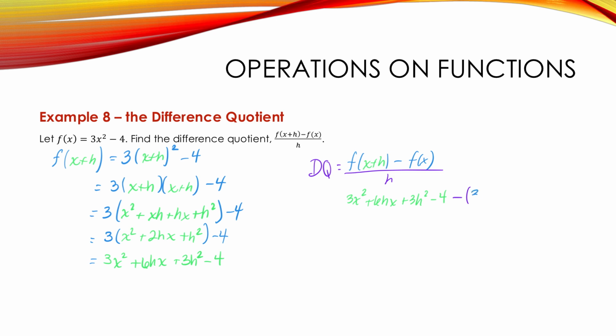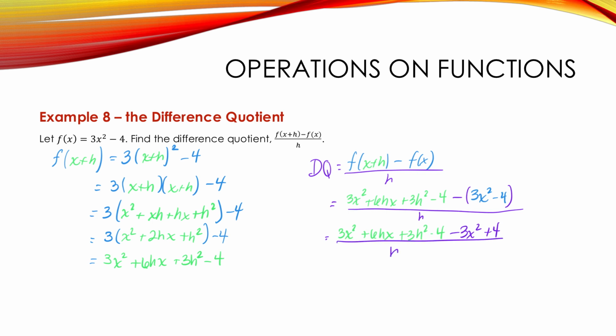So we're subtracting off the 3x squared and the minus 4, so we really have to put it in parentheses here. Then we'll divide everything by h. If we simplify a little further, we have 3x squared plus 6hx plus 3h squared minus 4, and then minus 3x squared and plus 4, all over h.